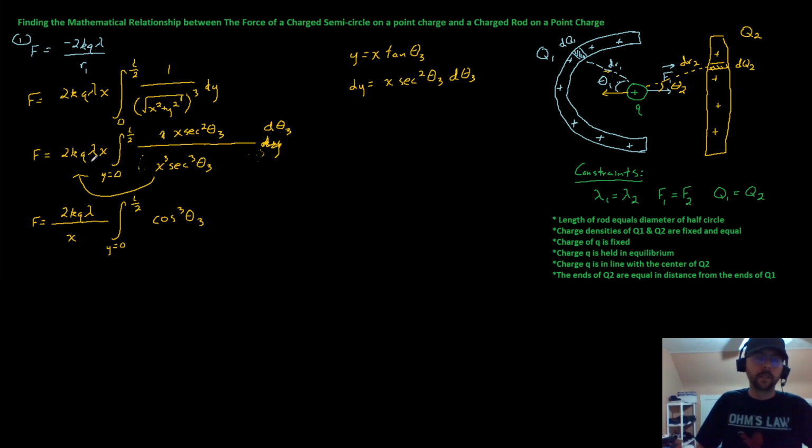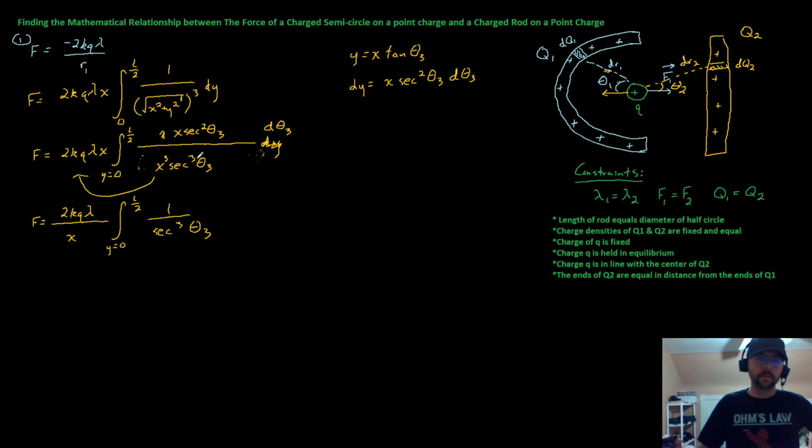And yeah, we're left with just x on the bottom. And actually then I didn't want to do that yet because I'll cancel out the secants first. So let's go ahead and just cancel out those secants. I pulled this x out, I pulled this x out. We were left with x squared over x to the third, which leaves just one x on the bottom. We have secant squared over secant cubed. So that's 1 over secant to the third theta sub 3.